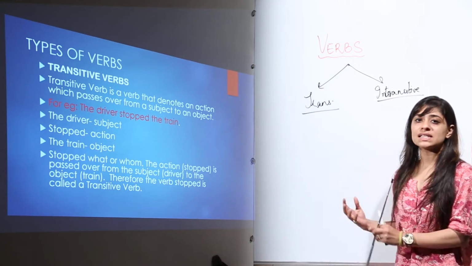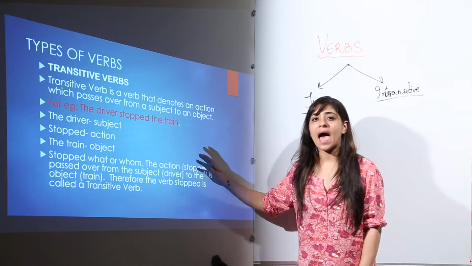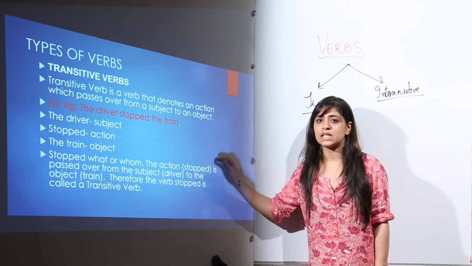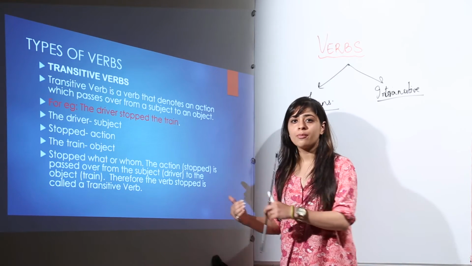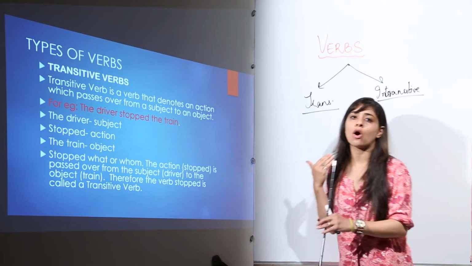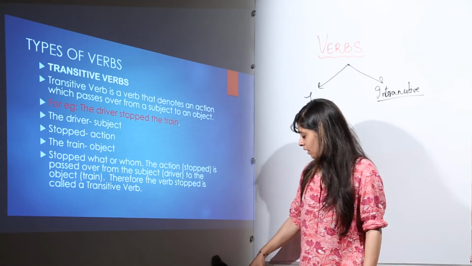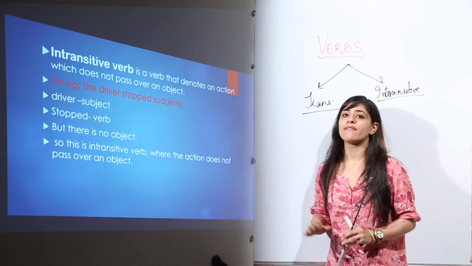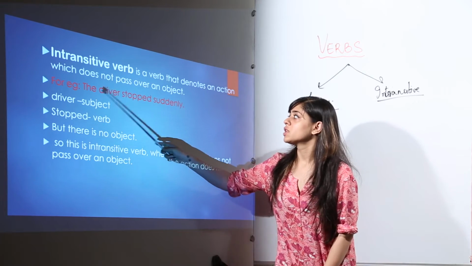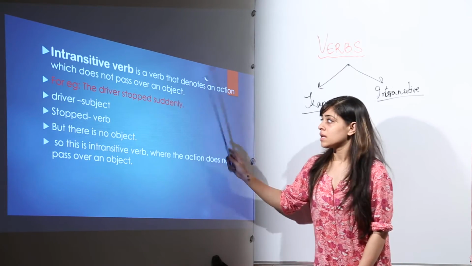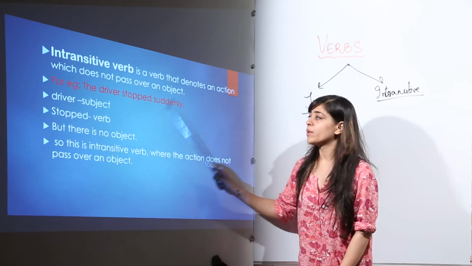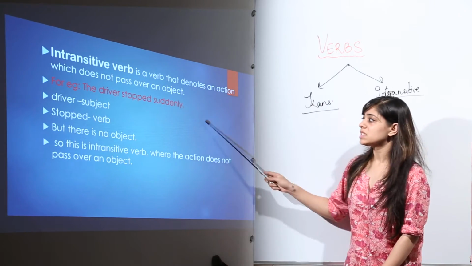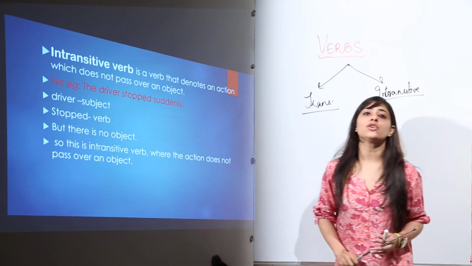Whenever in a sentence we have an object, the verb followed by the object is a transitive verb. Here we do not have an object. We'll redo it again. The driver stopped suddenly. We have a subject, driver, we have a verb, stopped, but we do not have an object. So this verb automatically becomes an intransitive verb.